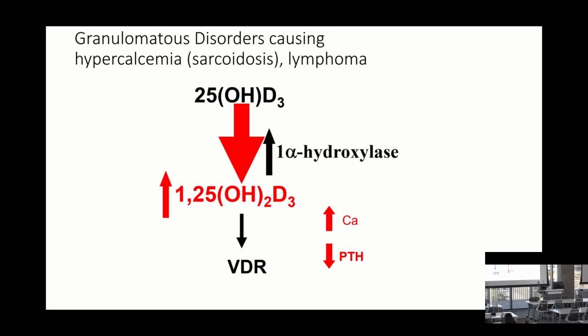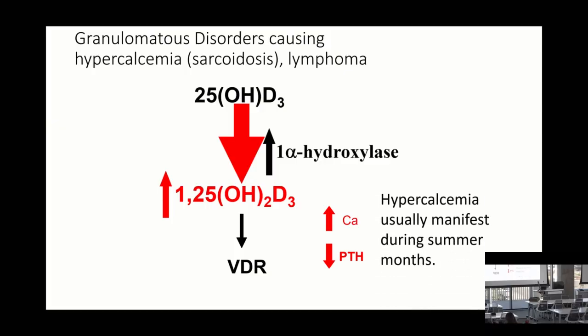But this is pathologic. So they make excess 1-alpha hydroxylase, and that leads to increased 1,25-D. So there's excess vitamin D that binds to the vitamin D receptor to increase calcium and reduce the PTH.